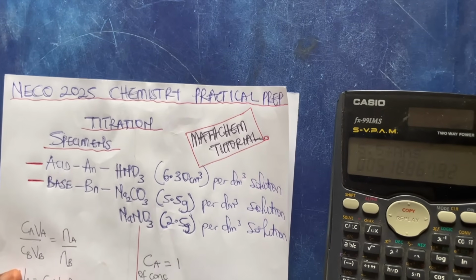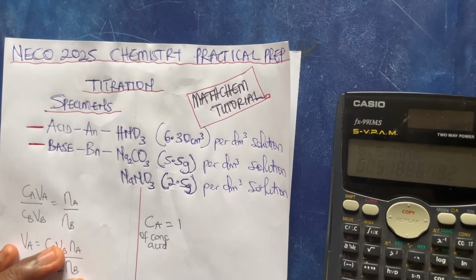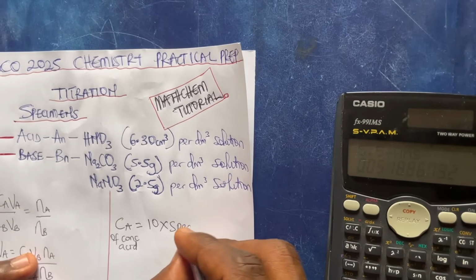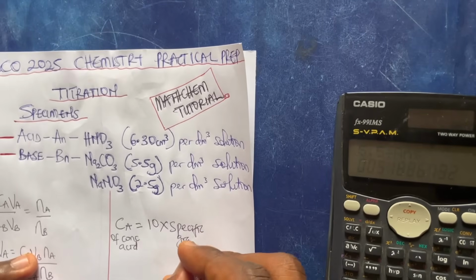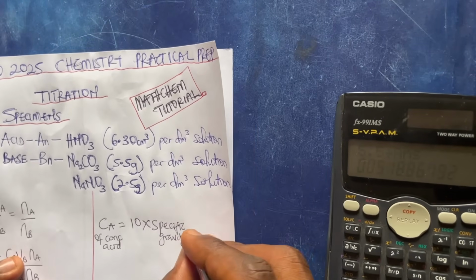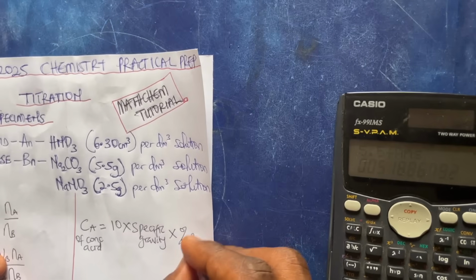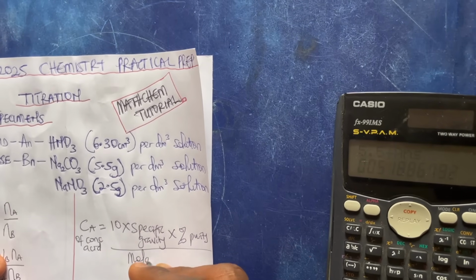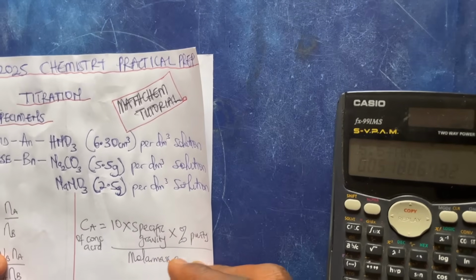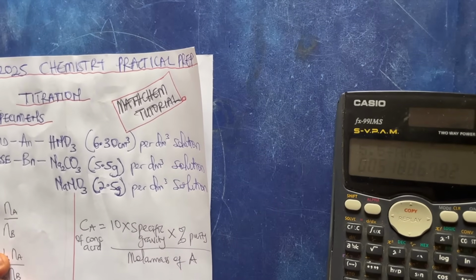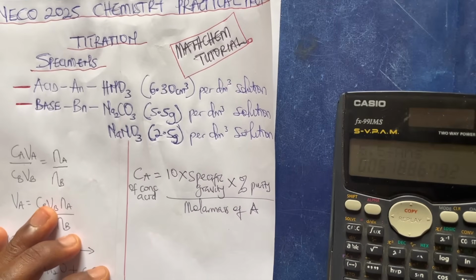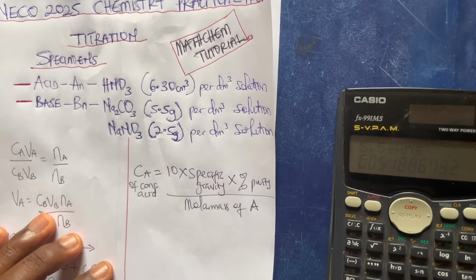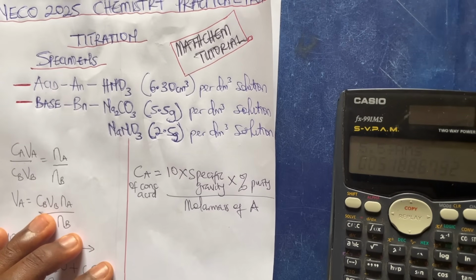So how do we go about that? That is going to be 10 multiplied by specific gravity, multiplied by percentage purity of the acid, all over the molar mass of the acid. So that's the formula you will use to get the concentration of A in mole per dm cube of the concentrated acid.